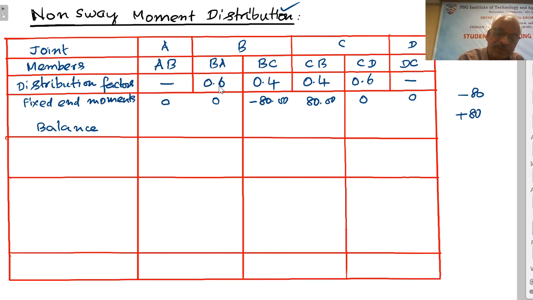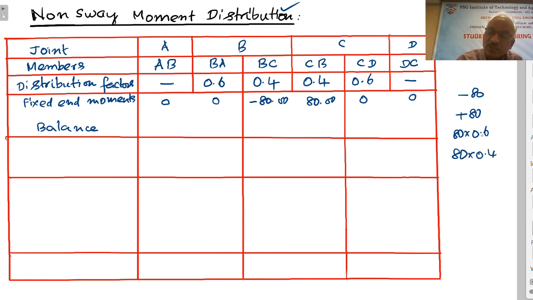For BA, the distribution factor is 0.6. For BC, the distribution factor is 0.4. So in this ratio, based on the stiffness of the members, we have calculated the distribution factors. Therefore, this 80 into 0.6 to the member BA and 80 into 0.4 to the member BC.